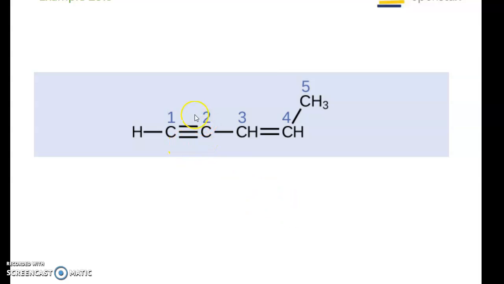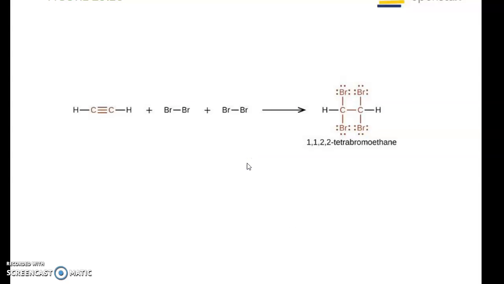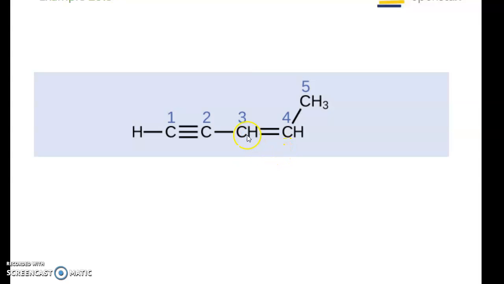Anytime you have a triple bond and a double bond, they're called an alkenyne, A-L-K-E-N-Y-N-E. And so that's why for that one, you start with this number right here. And so it will be 3-pentene, P-E-N-T-E-N, then a hyphen 1 for this one right here, Y-N-E. So a pentene 1-yne. 3-pentene 1-yne. Okay?